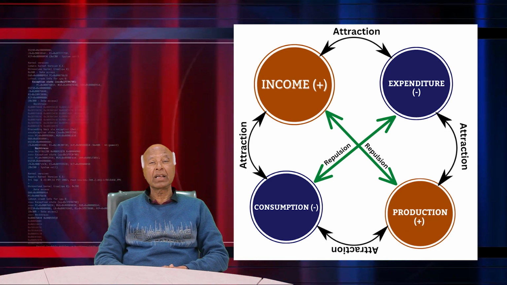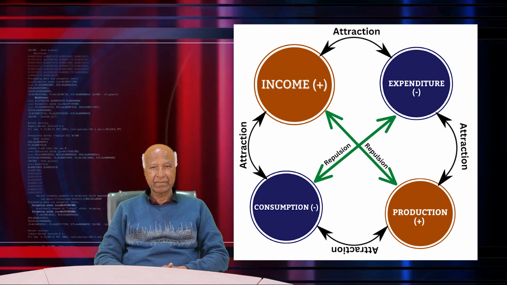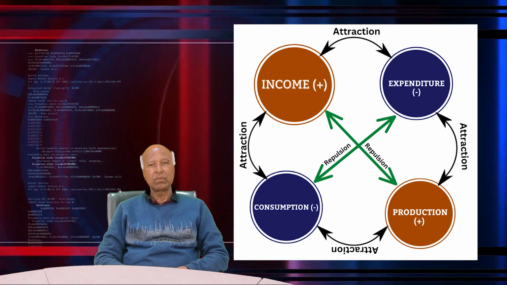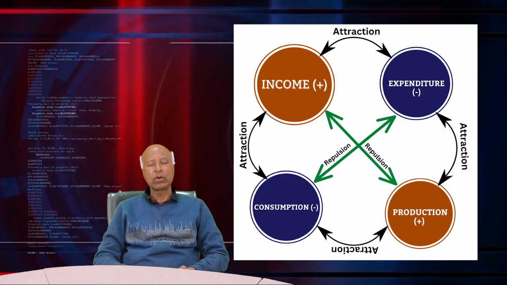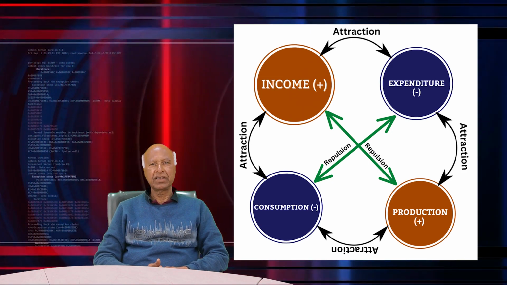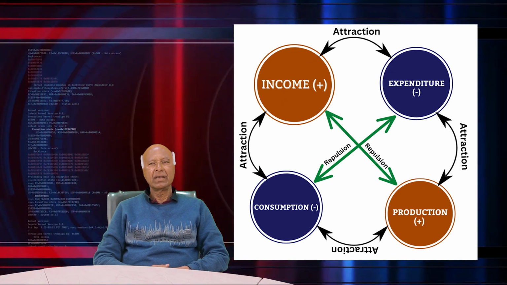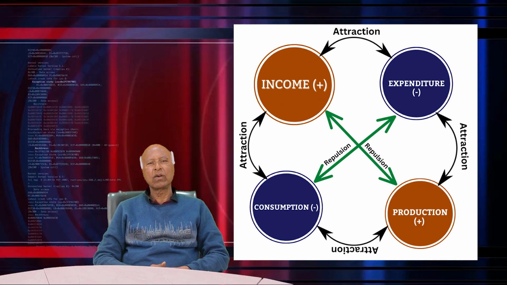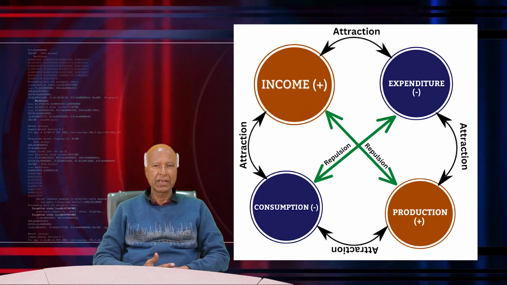Somebody will have to explain why this is happening. Then you will have to report it to the people, the citizens of that country, the citizens of the world, that this is because of this factor.